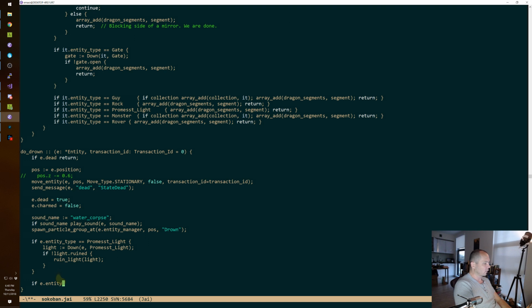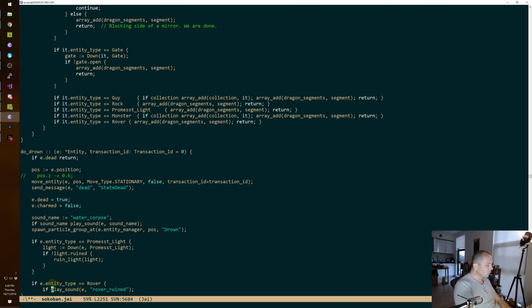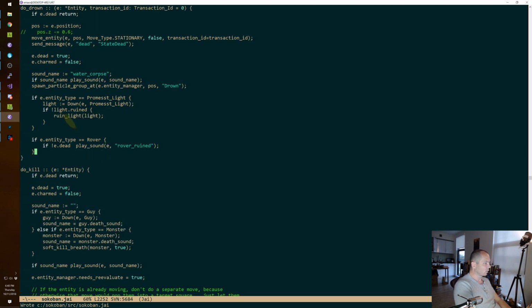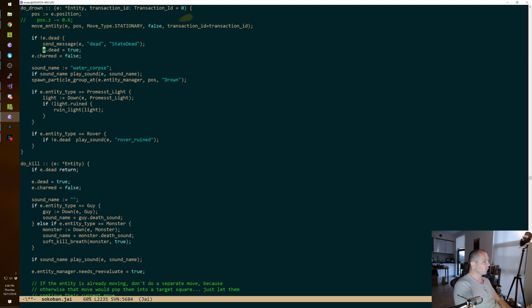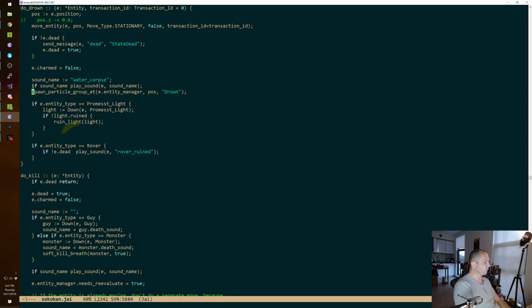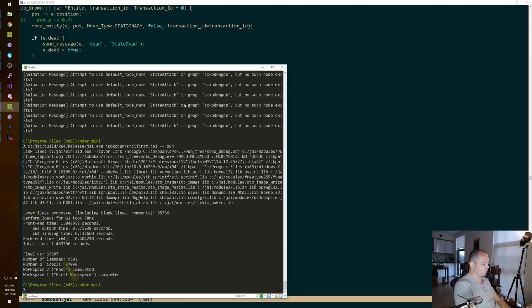Okay. What's it called? Rover ruined. Oh no, we already... We want to do a lot of these things anyway. Instead of having a ruined flag, the light, we should just use the dead flag.